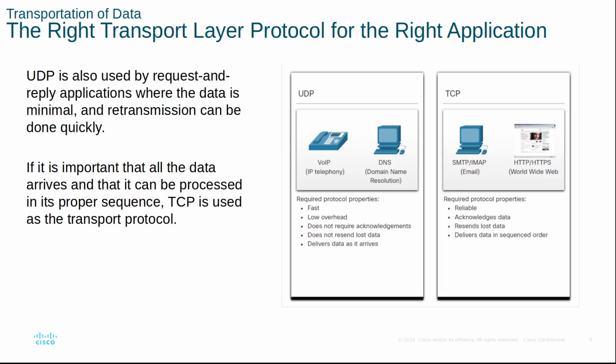Otherwise, you use UDP. So UDP is fast. It doesn't have a lot of overhead. However, because it's fast and there's not a lot of overhead, there's no acknowledgement. Lost data is not resent. And if data arrives out of sequence on the other end, it doesn't care. It just goes to the next thing.